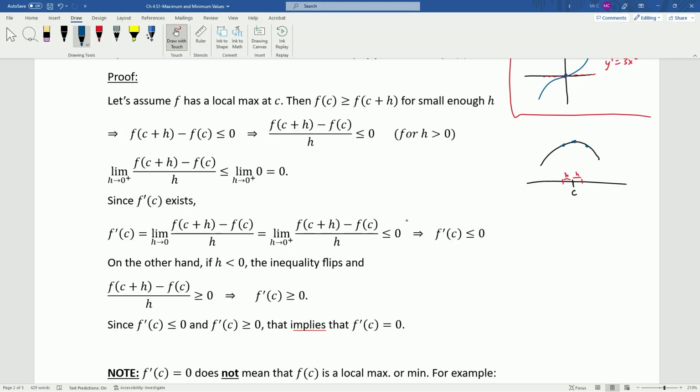So again, both of these have to be true, right? The left-hand limit and the right-hand limit have to be equal. And so if the derivative is less than or equal to 0 and greater than or equal to 0, there's only one way both of those statements are true, and that's if the derivative is 0.